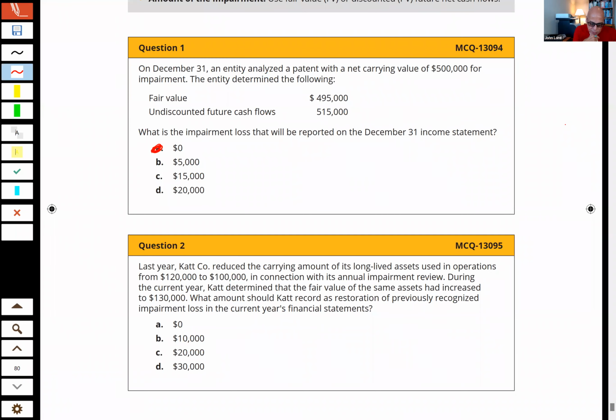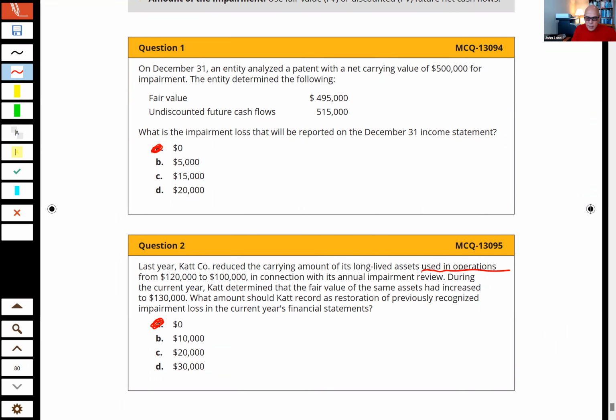They tell us that they had written it down, and then they want to know what should happen in the second year when it increases in value. The answer is, since it is an asset that is used in operations, restoration is not permitted. So there would be zero effect in that current year, because if it comes back up, you don't write it back up.